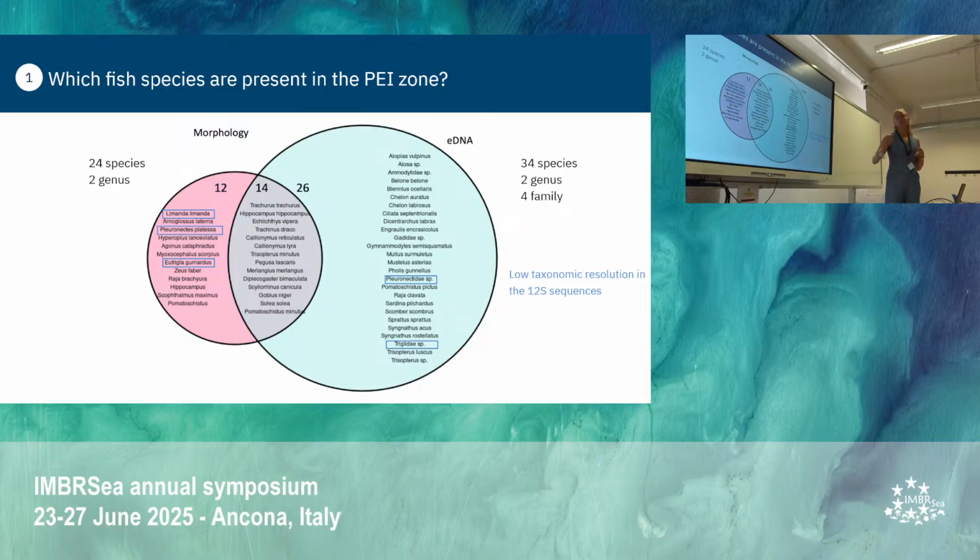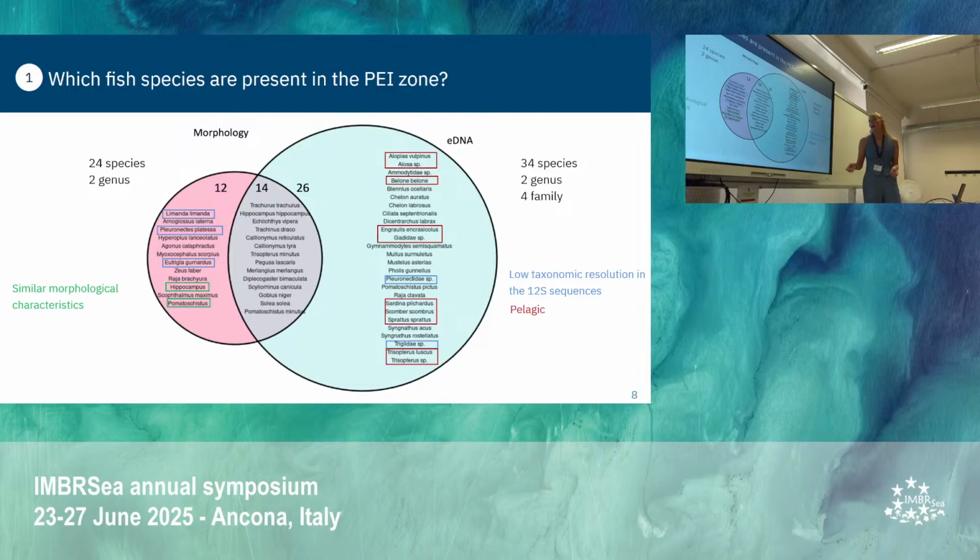And then also some specimens were only identified to genus level with morphology, and that's because they had similar morphological characteristics. Then some species exclusively detected with eDNA were actually pelagic species, and so why are they missed with morphology? It's because the beam trawl is selective for demersal species, so that's why the pelagic cannot be detected with morphological determination.